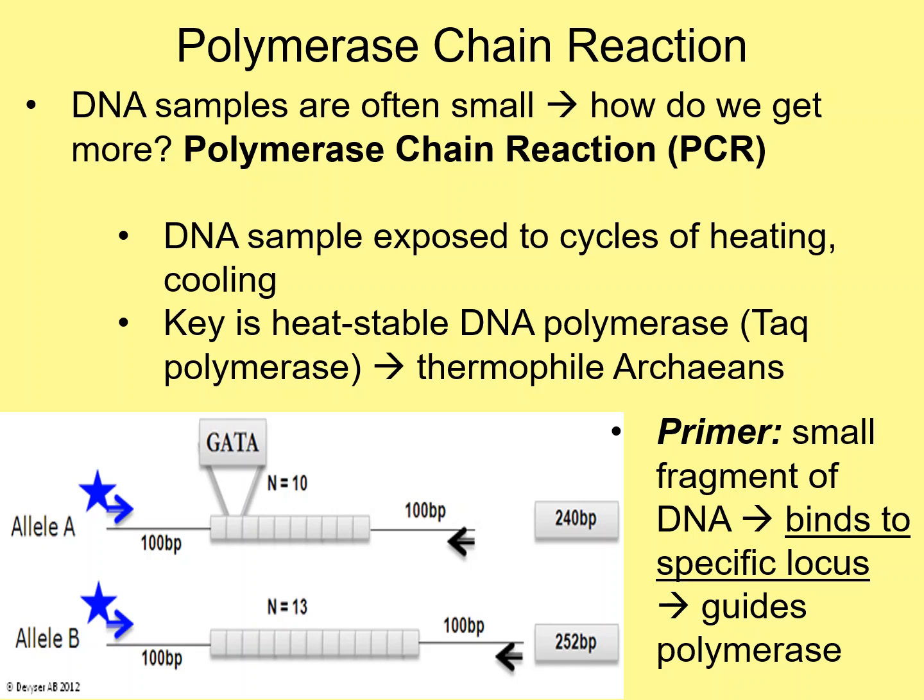Now we have general primers that we use for certain sections of human DNA, but if you really want to get fancy and you're amplifying DNA for the purposes of possibly doing gene cloning, often what you'd like to do is actually develop a primer that is specific to the fragment that you want to amplify and nothing else on the genome.